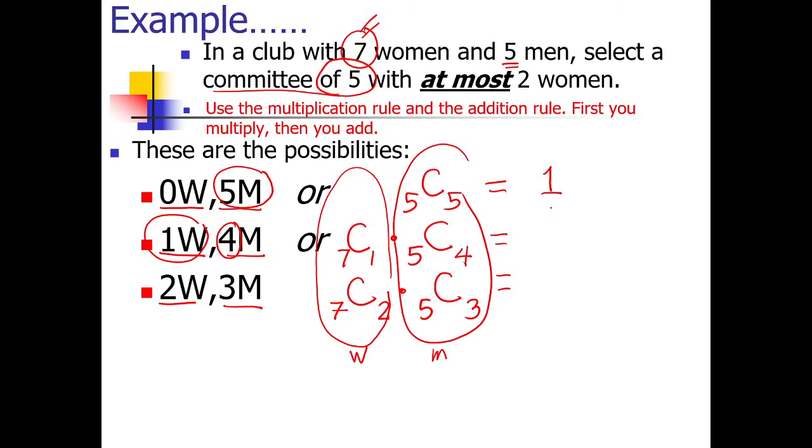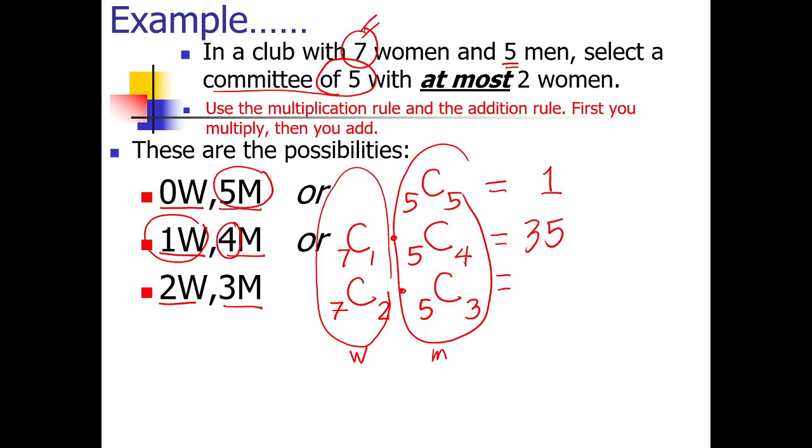Is it 35 or 25? How much? 35. Is that clear? Please check your work. 7 combination 1 times 5 combination 4 will give you 35.